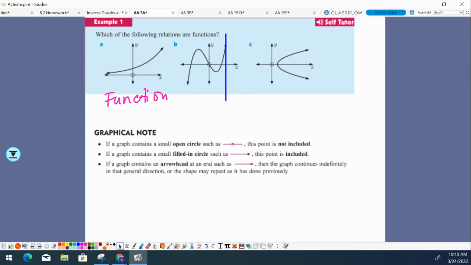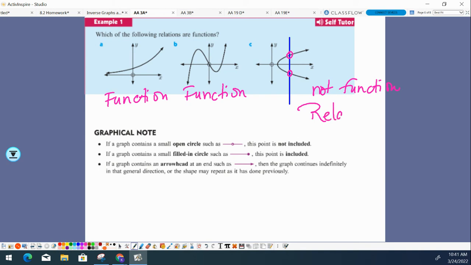If I pass it through, see how I'm only touching one point at a time? That means this is also a function. But letter C, I'm touching 2 points at a time. That disqualifies it. This one is not a function. We label it as a relation because every single thing you ever graph is a relation, but only special relations can be labeled a function. So these first 2 are functions, but letter C is not a function.